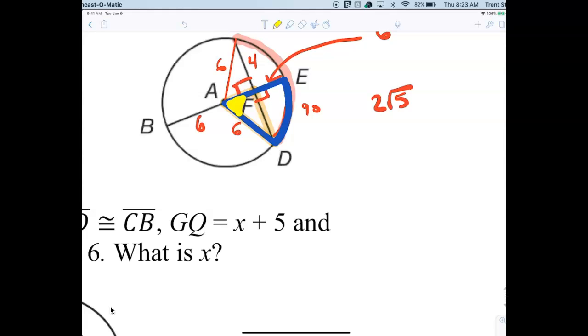It's not created from this angle right here because those are not the same length. Right? So if I were to swing this open, it would only go to there. You see what I'm saying? Yes. This, if I swing it open, would come way out here. So that's not the angle that created that arc. Right? It's this angle here that created that arc.